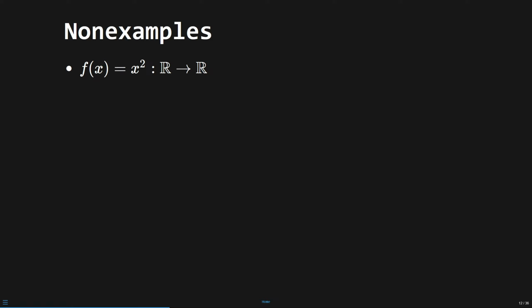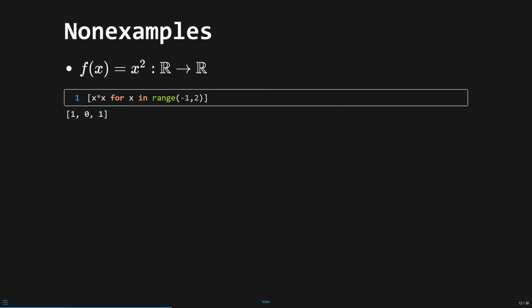x squared from R to R. There is no way to generate negative numbers with x squared. So this matters in some way. And since we can generate no negative numbers with x squared, we simply take -1 and +1.